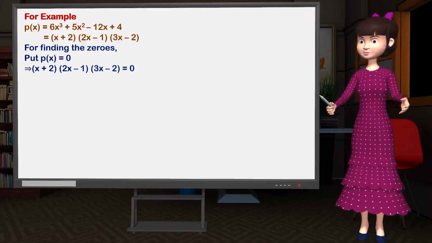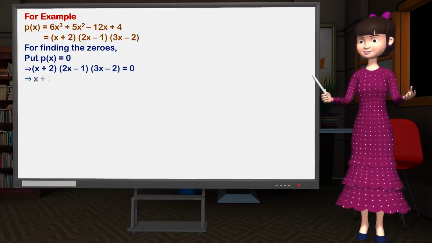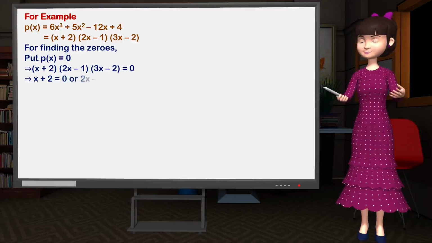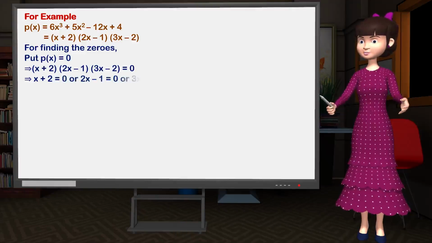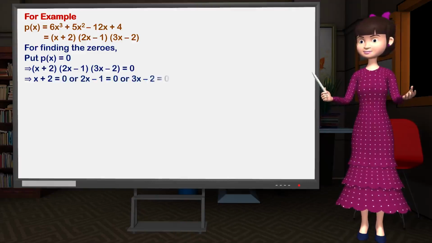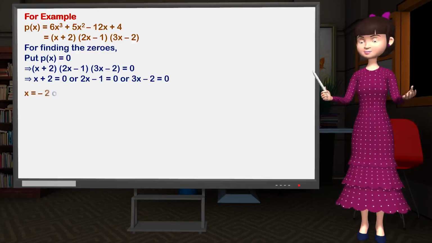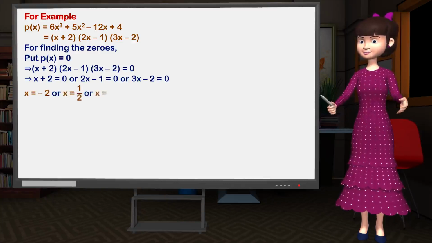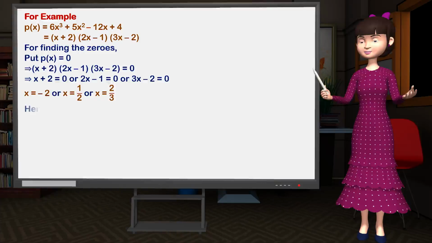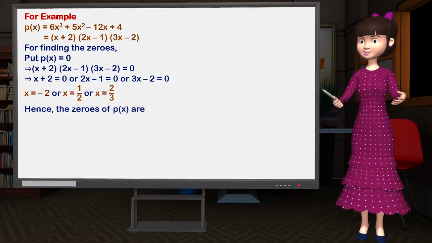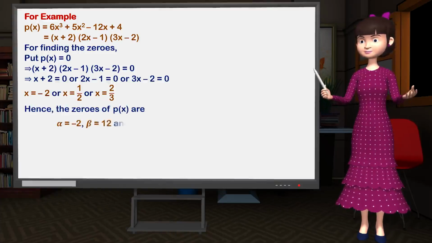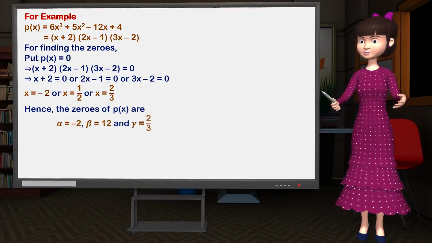Equating each term with 0, we get x plus 2 is equal to 0 or 2x minus 1 is equal to 0 or 3x minus 2 is equal to 0. Transposing the constant terms to the other side, we get x is equal to minus 2 or x is equal to 1 by 2 or x is equal to 2 by 3. Hence, the zeros of p of x are alpha is equal to minus 2, beta is equal to 1 by 2 and gamma is equal to 2 by 3.